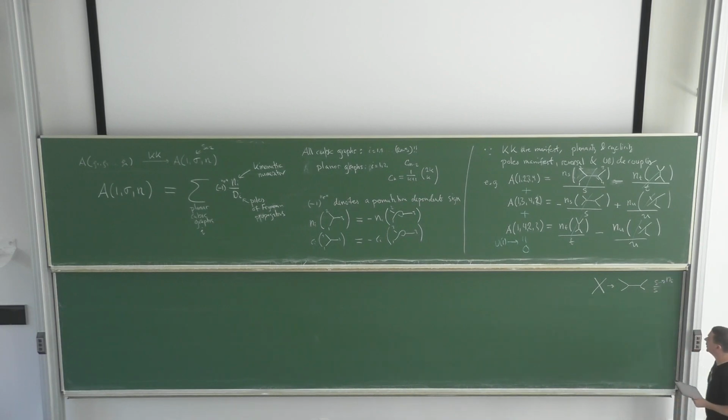So you can artificially promote your contact diagrams to cubic diagrams by just changing what you mean by your numerators. And that way you can get away with not using them.